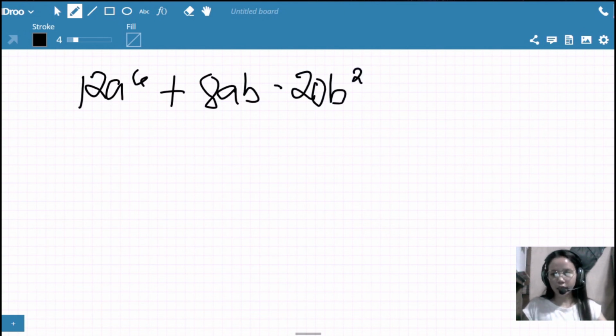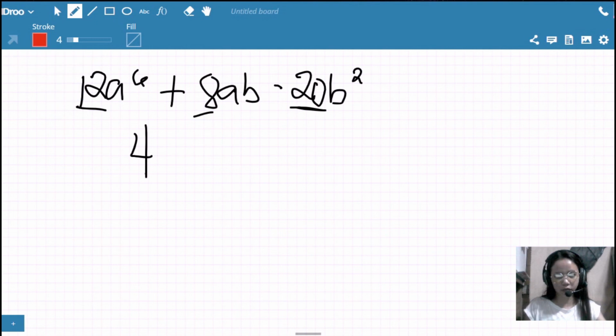Now again, to find the GCF, consider the constants present, and then the common variable. So between 12, 8, and 20, its GCF is 4, or the highest number that can be divided to all of these is only 4. Now for the variables, look at our variables.